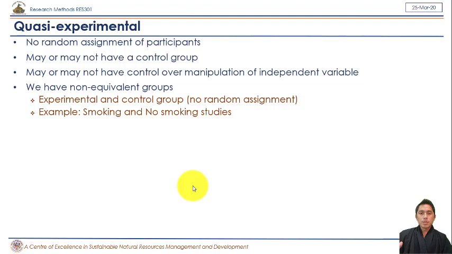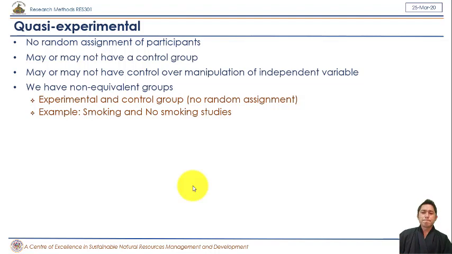And in a true experiment we had control over the manipulation of the drug or independent variable, or any other independent variable that we are trying to experiment with. But in a quasi-experiment, we may or may not have. Most quasi-experiments do not have control over the manipulation of the independent variable.